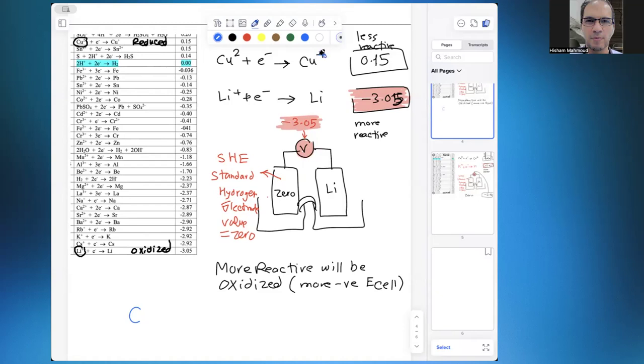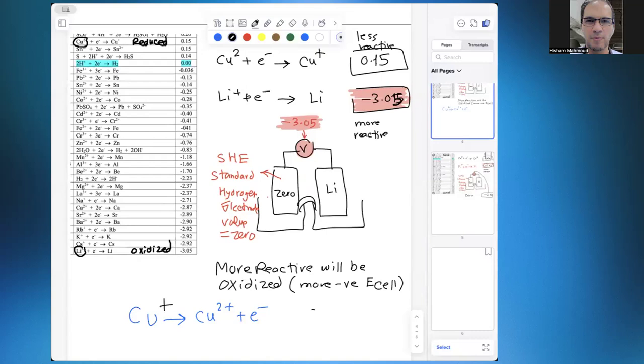Oh, it is correct, because only one electron is gained. Sorry, actually I was correct. It is plus 1. So copper plus 1 gives me copper 2 plus and 1 electron.